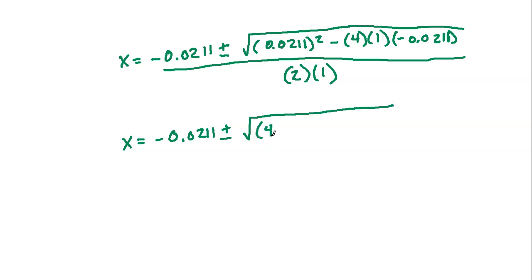You should end up with 4.45 times 10 to the negative 4th plus 8.44 times 10 to the negative 2nd. Okay, and this became plus because you had a minus in here. So when you multiply 4 times 1 times a negative number, you get a negative number.